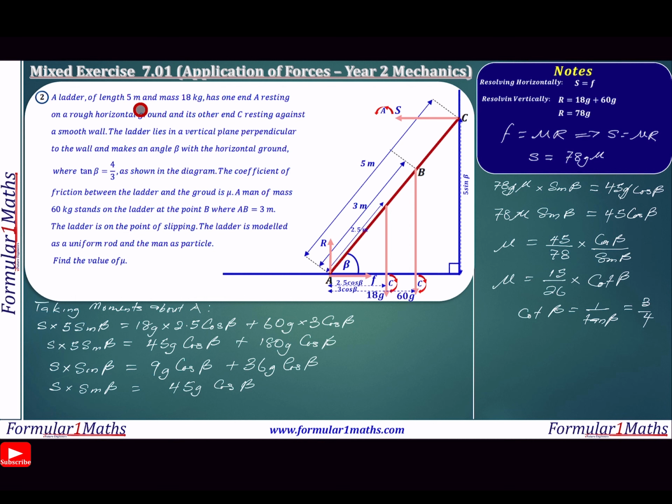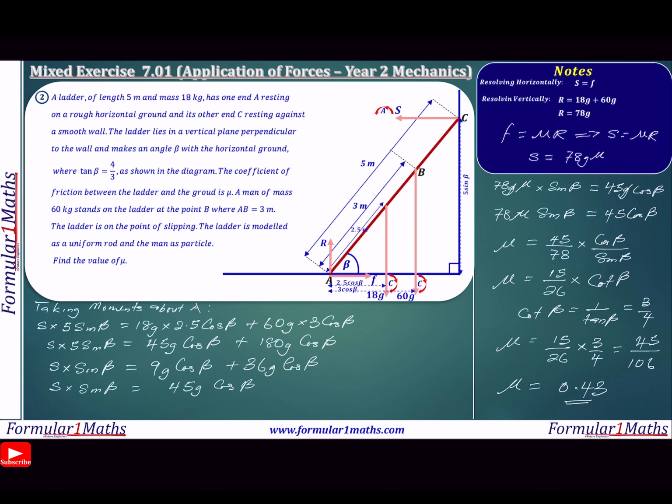And so mu becomes 15 over 26 times 3 over 4. And that will give me 45 over 104. And so evaluating that will give us mu is equal to 0.43, and that is the required value of mu.